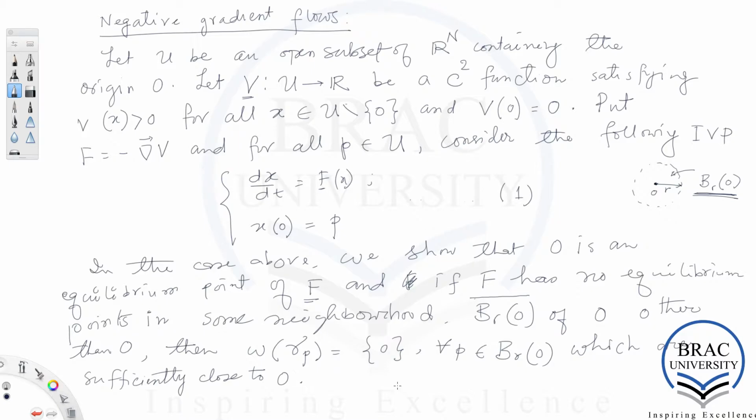I'm not going to write it in detail here. It will follow in the following results. Essentially, what we are saying here is that we'll find a radius delta which is less than R, within which for any point P this will hold. This is what we are going to show. So for all P in B_delta(0), this is going to happen.